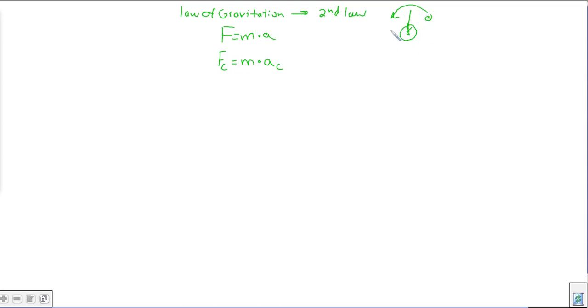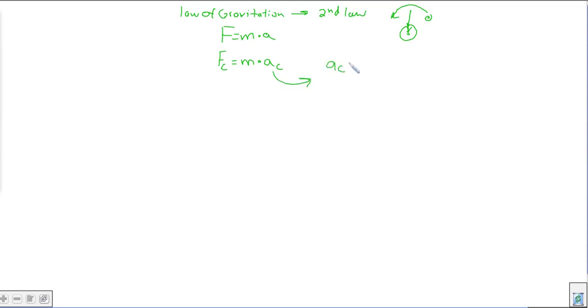But this works for satellites, for moons, for planets, for anything orbiting anything else in space, which is what we see all the time. So this centripetal force equals the mass times the acceleration. Let's sidestep a little bit and talk about the centripetal acceleration.